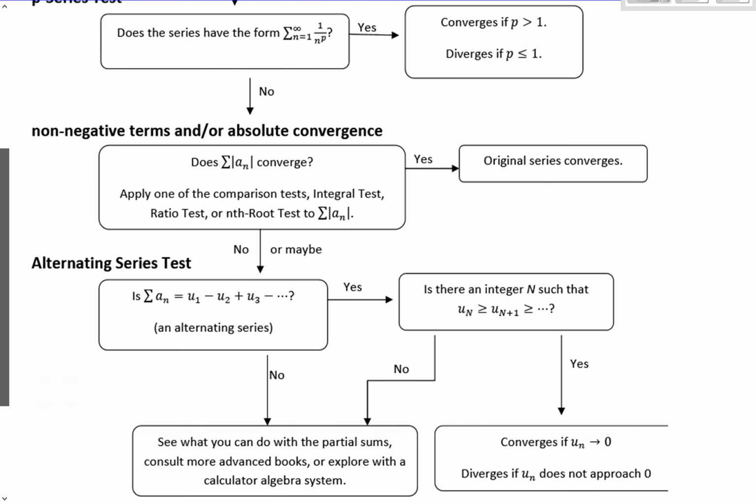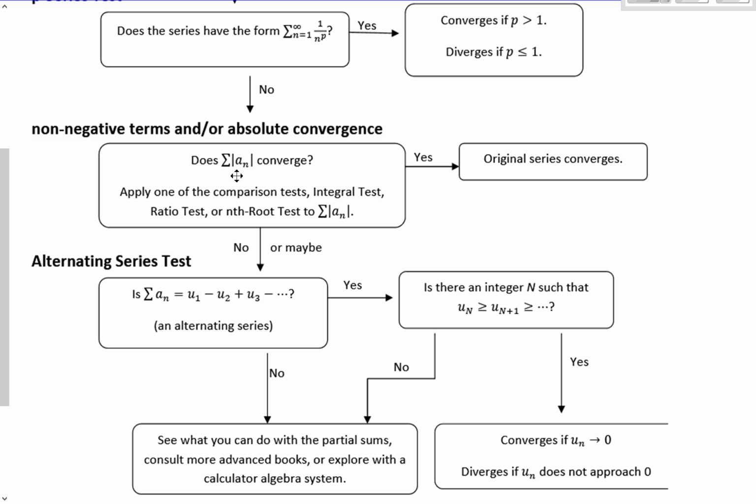The one I want to mention right now is something we have briefly mentioned: if the sum of the absolute values of the terms converges, then the series without the absolute values also converges. And that's something that we take advantage of a lot with all of these tests.